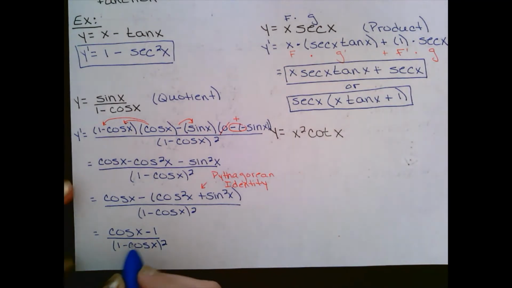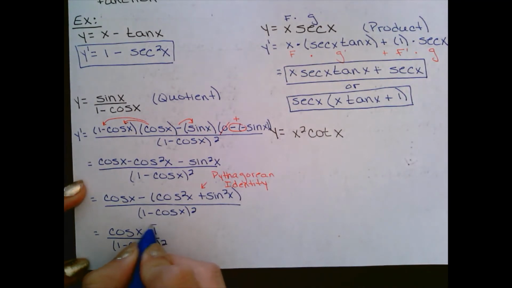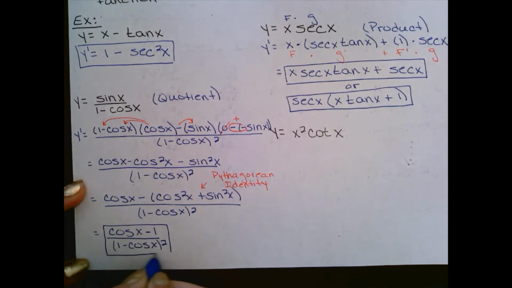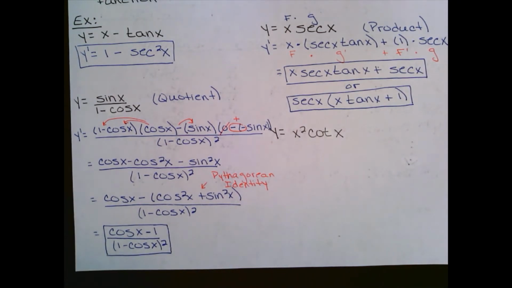All right, so this is one possible answer. I just want to keep exposing you as to different ways that they could clean this, okay? Not that you necessarily have to clean it this far.